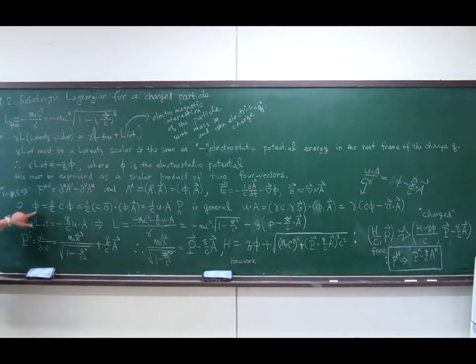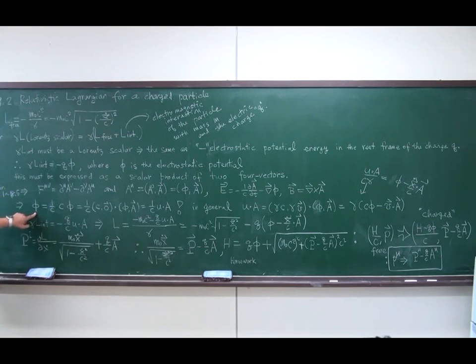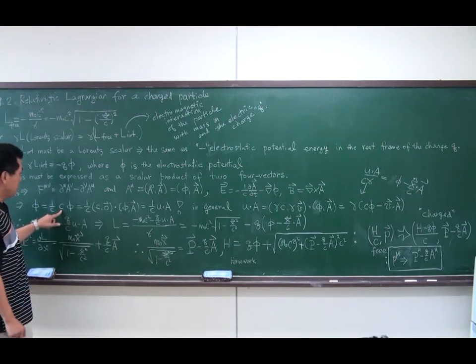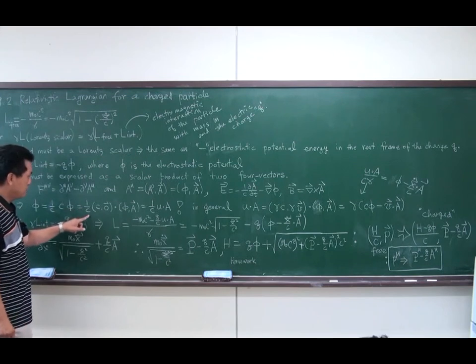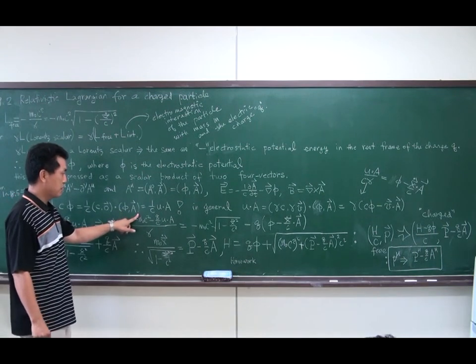So the zeroth component of the 4 vector A mu is phi, and phi can be expressed as 1 over c times c phi, where c is the zeroth component of the 4 velocity of the charged particle. So it is 1 over c times u mu of the charged particle, in the 4 vector scalar product.